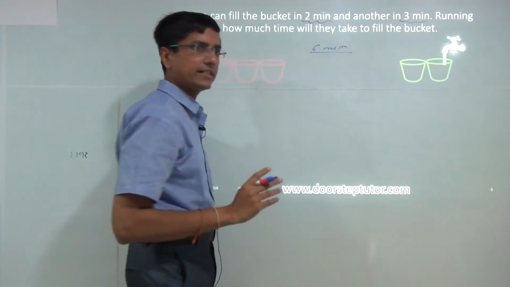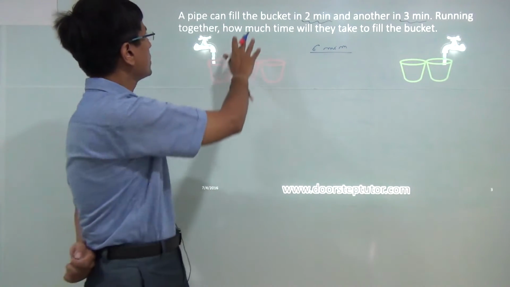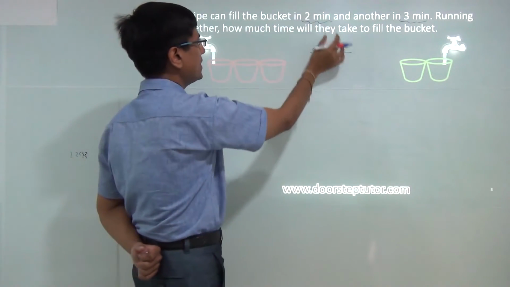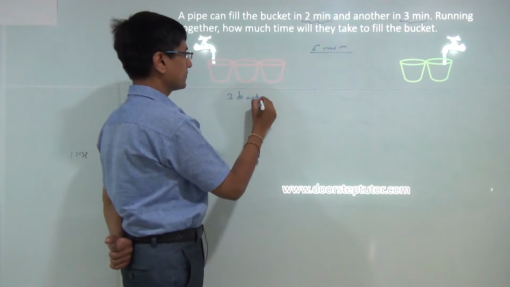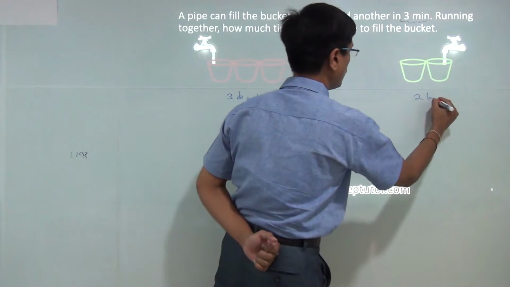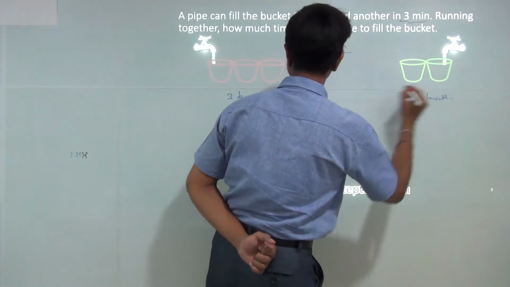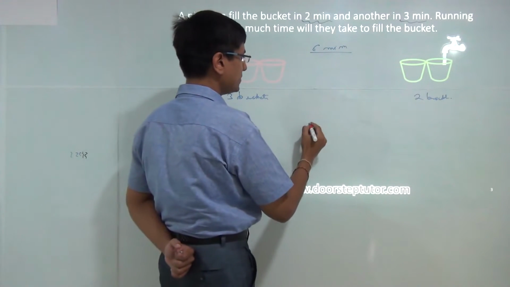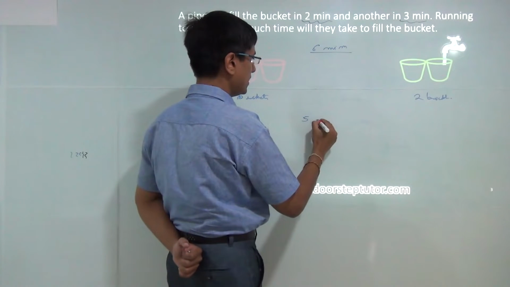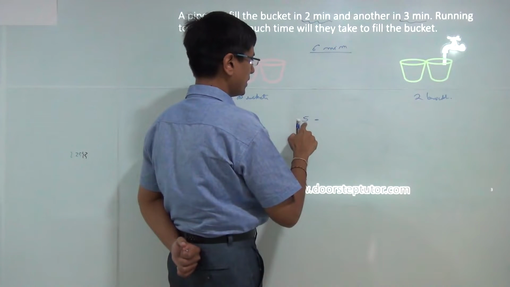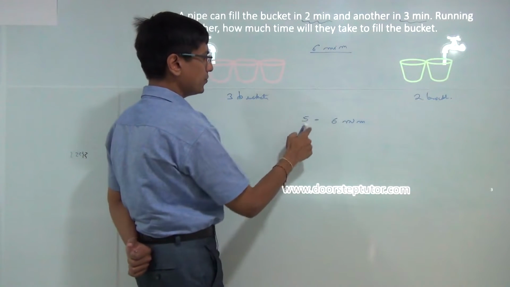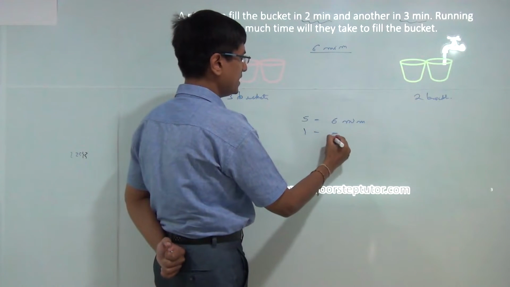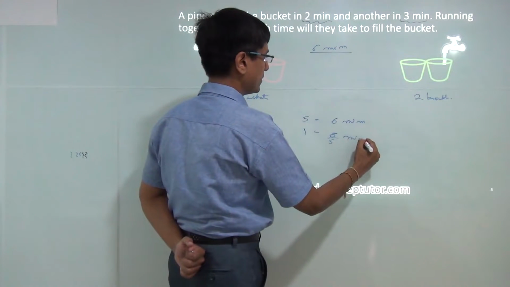In 6 minutes, this pipe can fill a bucket in 2 minutes, so it can fill 3 buckets. This can fill 2 buckets. So in total, in 6 minutes they filled 5 buckets, 3 plus 2. So one bucket would be filled in 6/5 minutes.